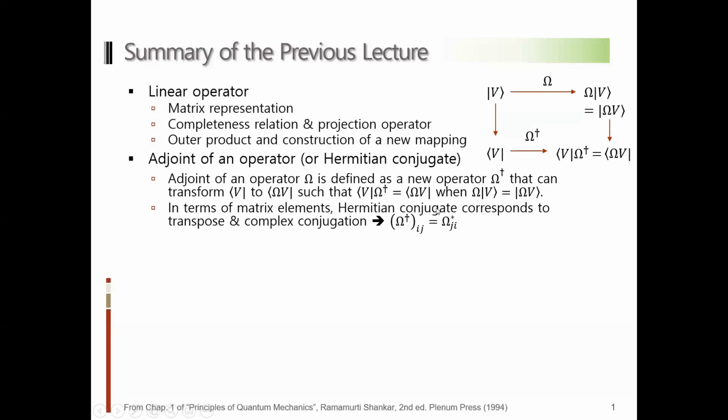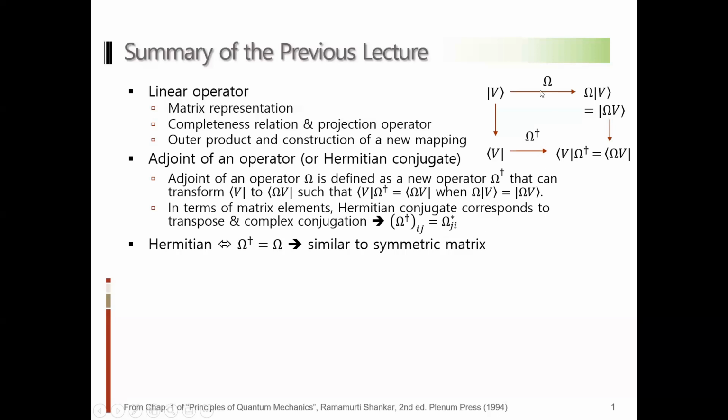What I mean by that is that if we are trying to find each element, then we have to calculate the inner product of two basis vectors with this operator between them. Then the new elements of the new matrix representation of this adjoint will actually be the transpose and the complex conjugation of the matrix representation of the original operator.